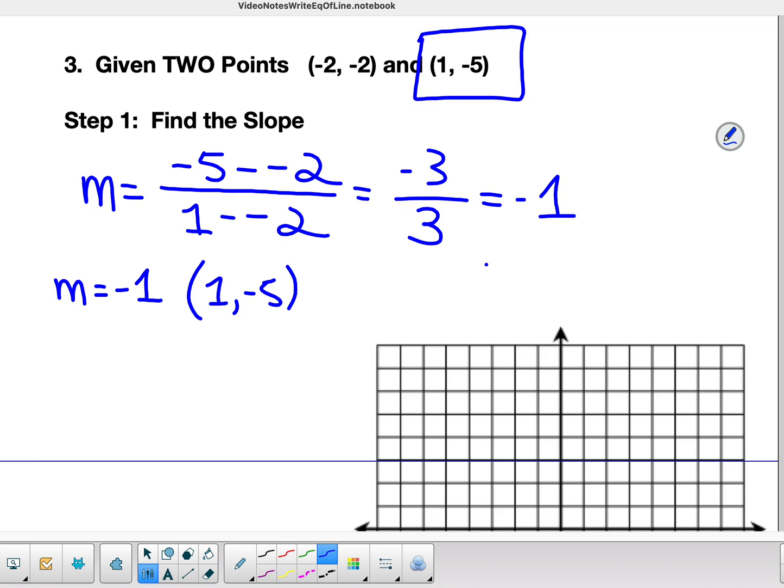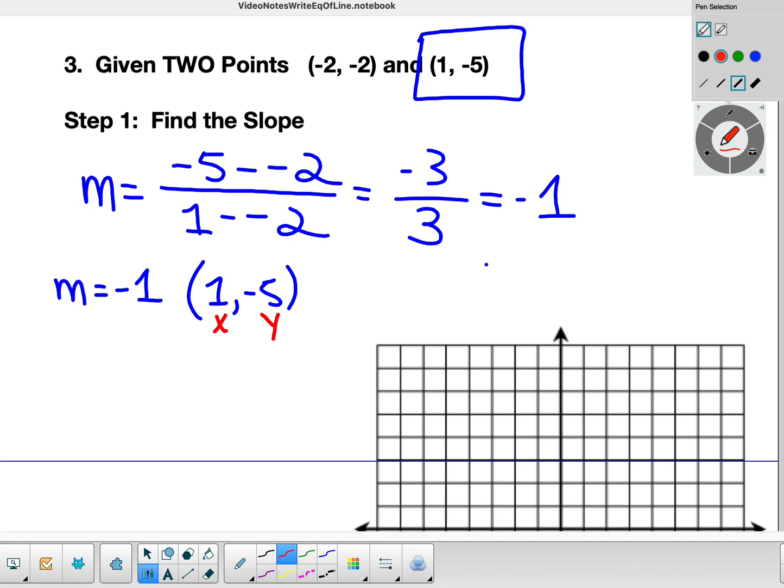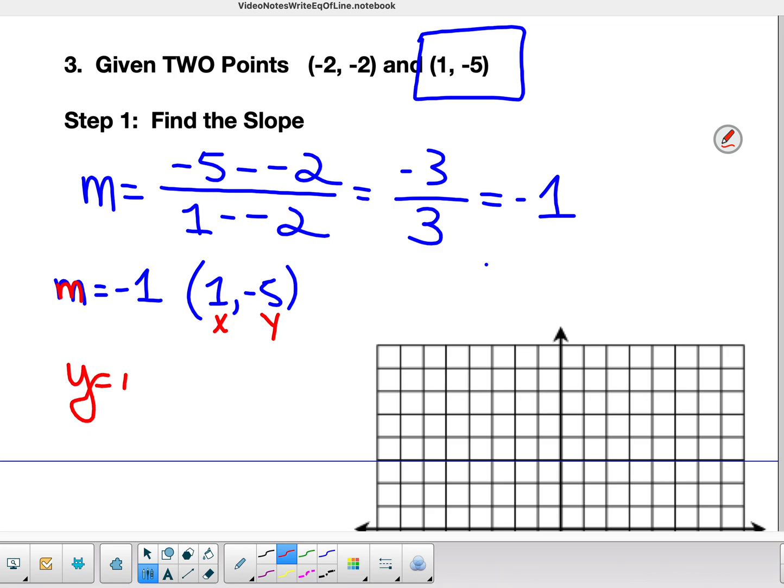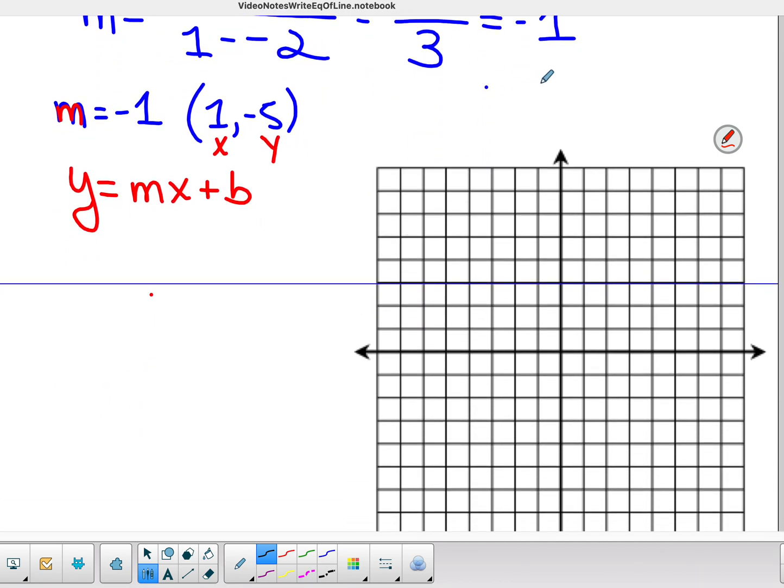So that means that for my substitution method in my equation, this is my x and this is my y, and here is my m. So here's my equation in its generic form. And I'm going to make substitutions into my equation, which is why I'm calling this the substitution method.